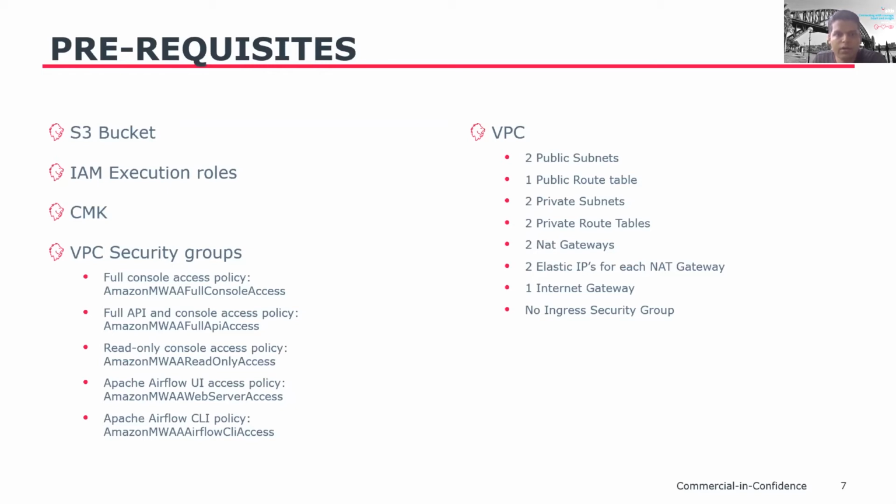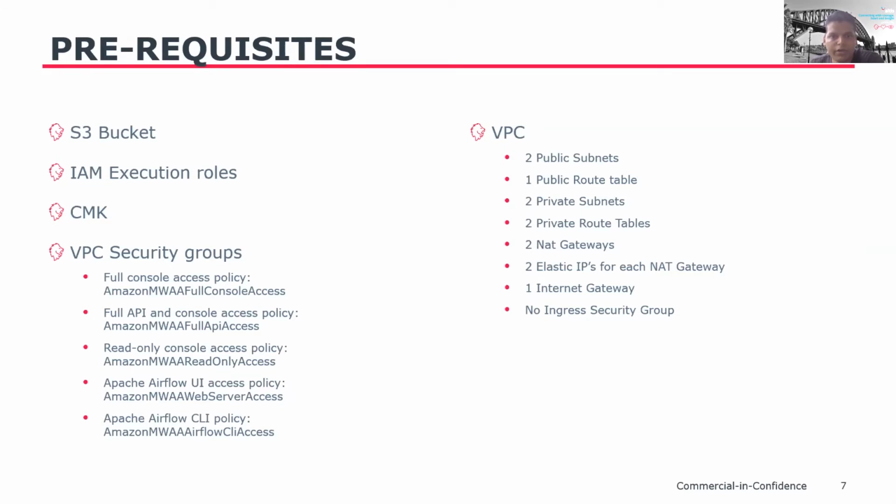You also may need a web server access permission policy, for the users that need access to the Apache Airflow UI. Now this one does not allow users to view the environment on the MWAA console or use the APIs to perform any actions.